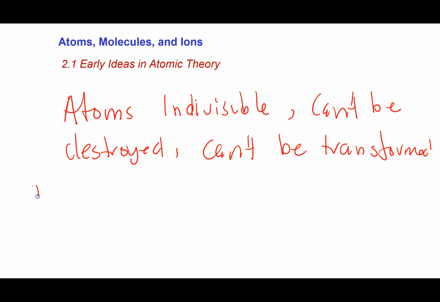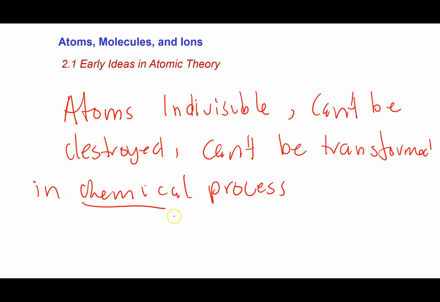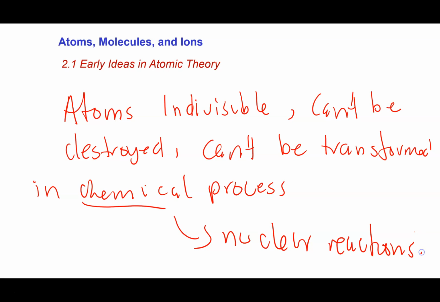Now, this is in a chemical process, and that remains correct, but it should be recognized that in nuclear reactions, these things become possible. But at the energies that we'll be looking at, the type of energy that's involved when you just mix two substances together in a chemical process, Dalton's theory still holds.